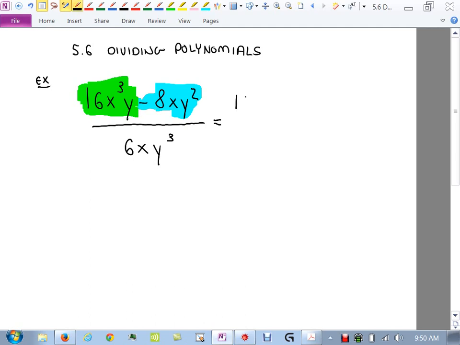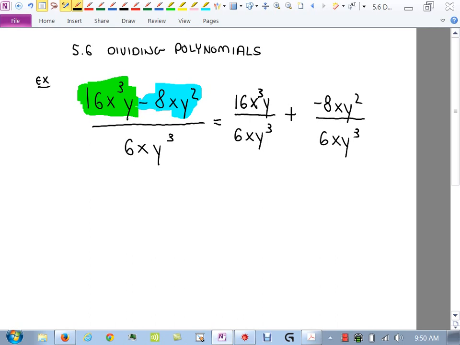You'll have your 16x cubed y divided by 6xy cubed, and then plus negative 8xy squared over 6xy cubed.